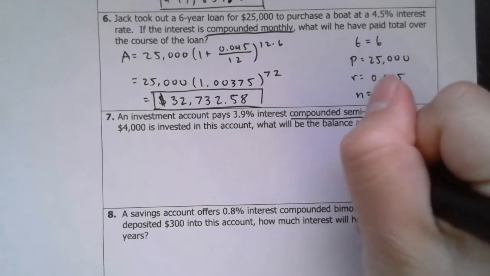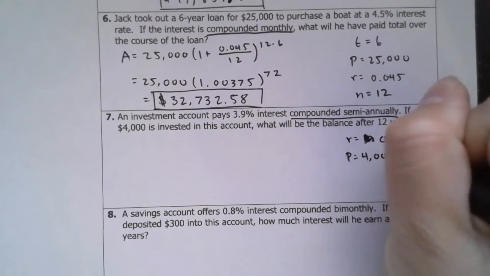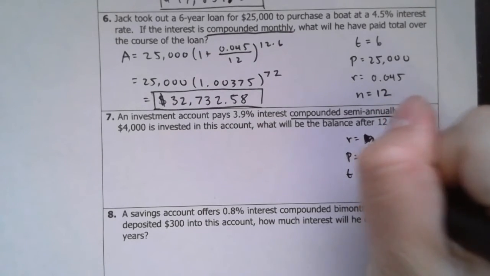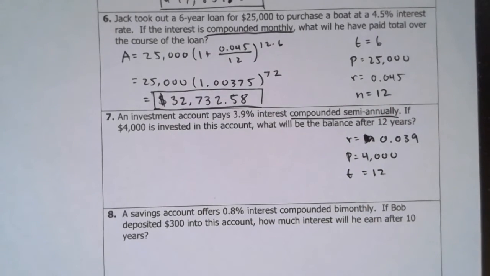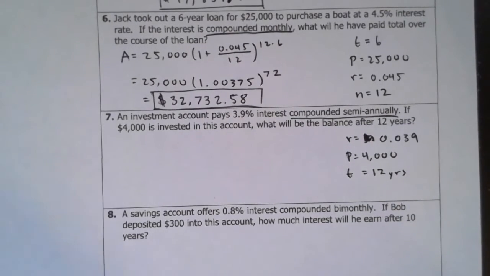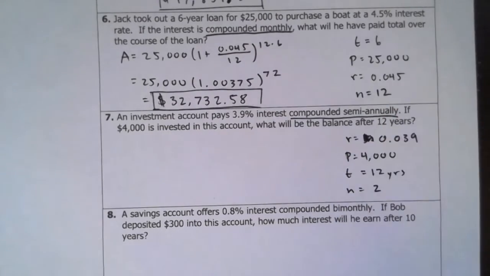P is 4,000, and T is 12 years, and then semi-annually means twice, right? Twice a year. So N is 2.